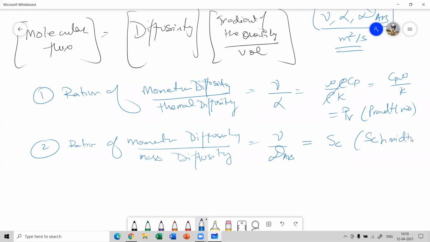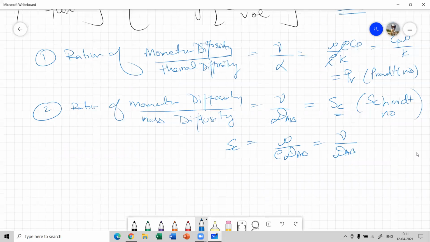So remember, wherever there is mass transfer occurring along with the flow, the dimensionless term which will appear will be your Schmidt number. So Schmidt number is mu by rho DAB, or it can be mu by DAB. So that's your Schmidt number.